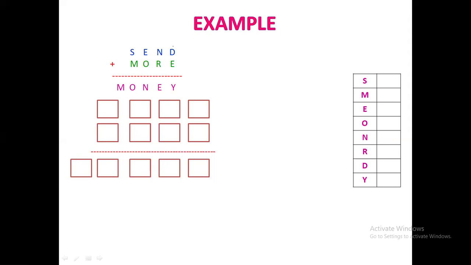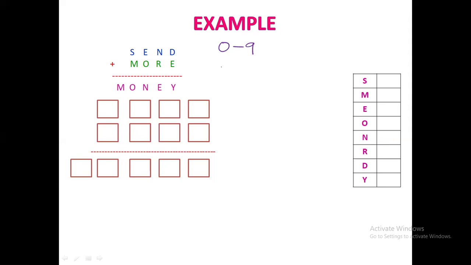One, two, three, four, and here one, two, three, four. It has been converted into MONEY, and we have to find the equivalent digit value between 0 and 9. The value should not be repeated for these letters. Each letter should have a unique value. That is the main constraint.